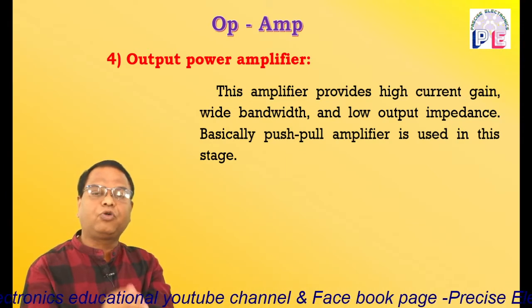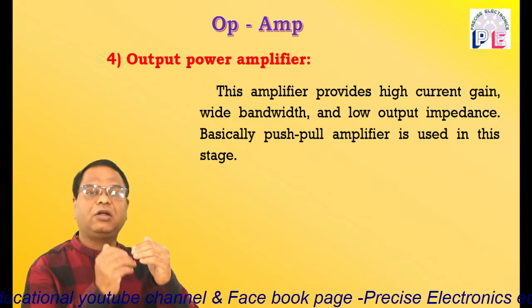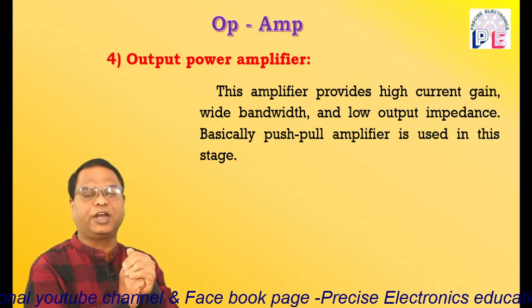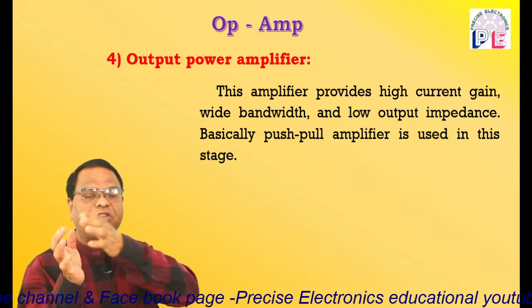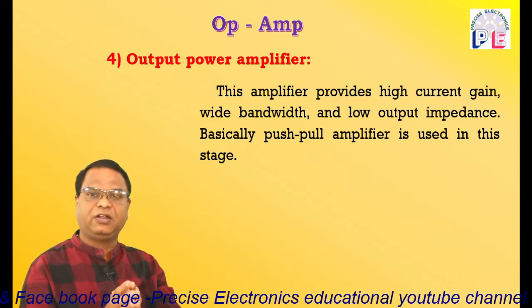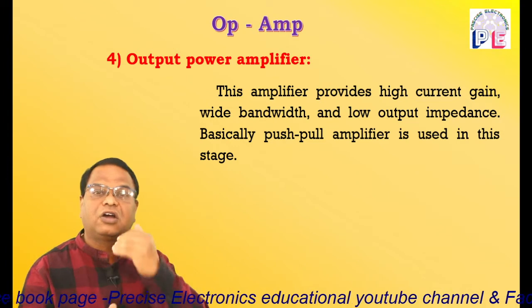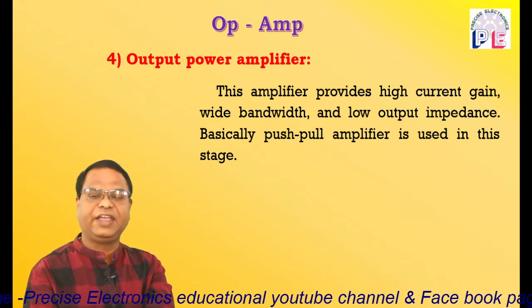This amplifier provides high current gain, because we require high output current, and that high output current is provided by this push-pull power amplifier. It increases the current gain of the signal.